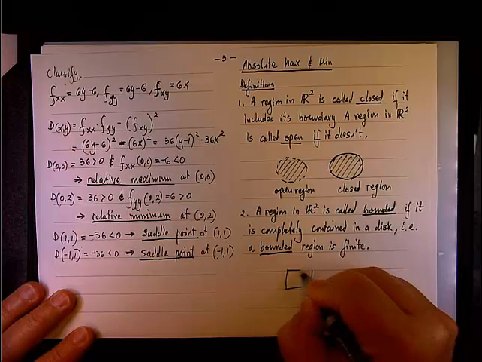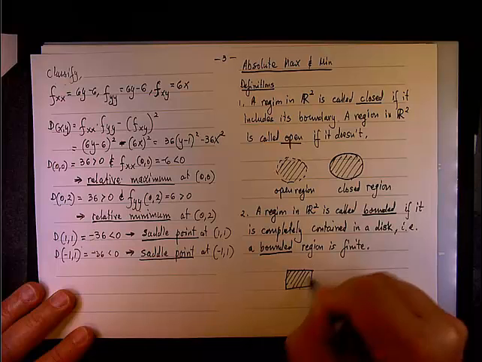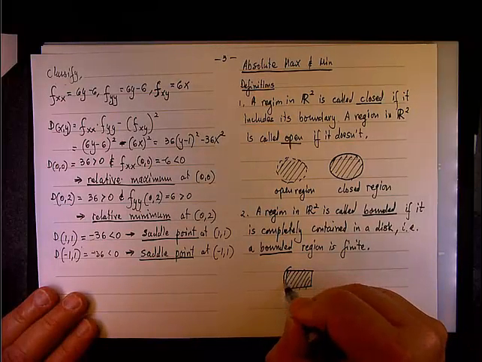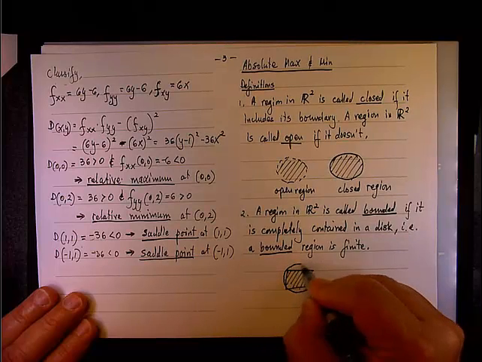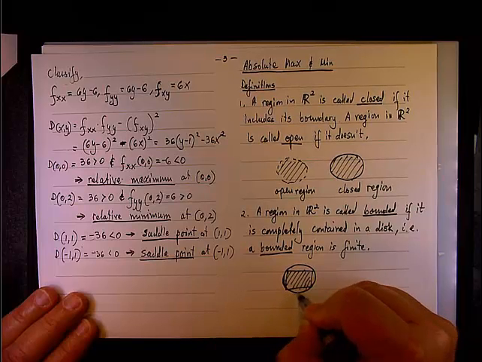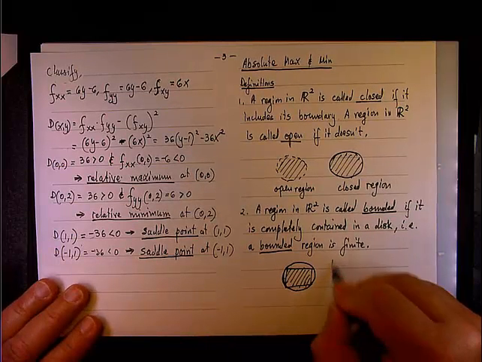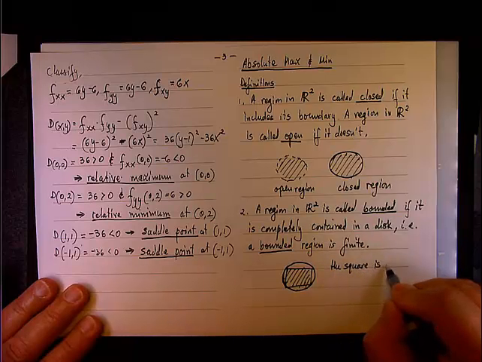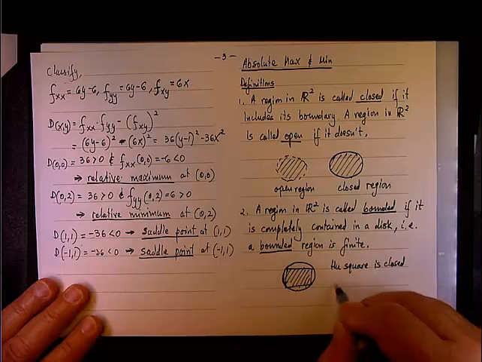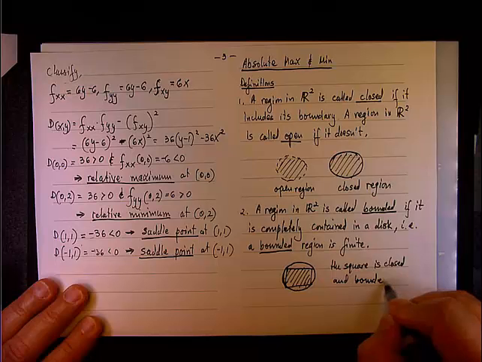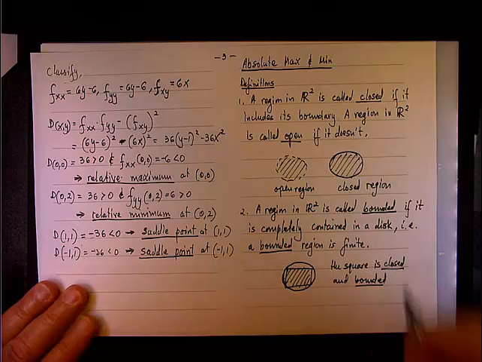To give you an example, I'll choose here a square. This region is closed because you can see that I included the boundaries. But if I put a disk around it, and the vertices may coincide with the disk, now it is bounded. So we can say that the square is closed and bounded.